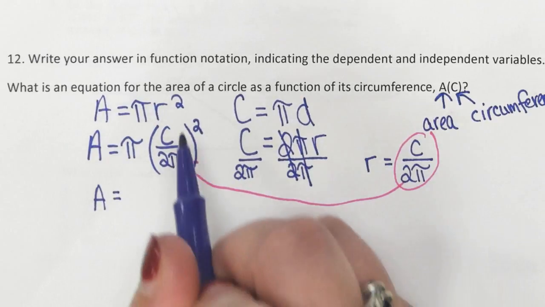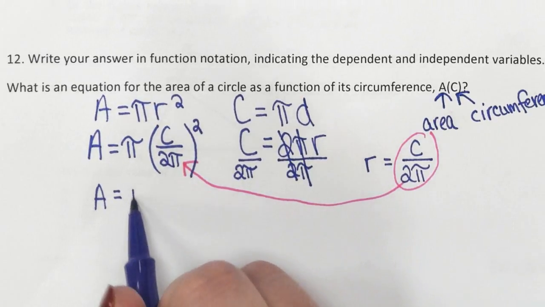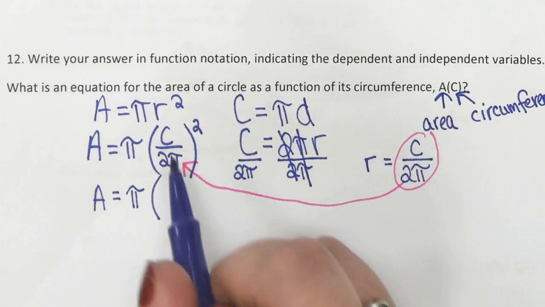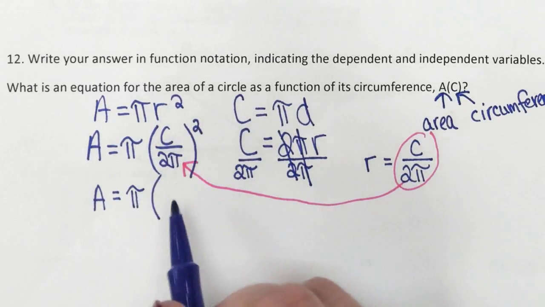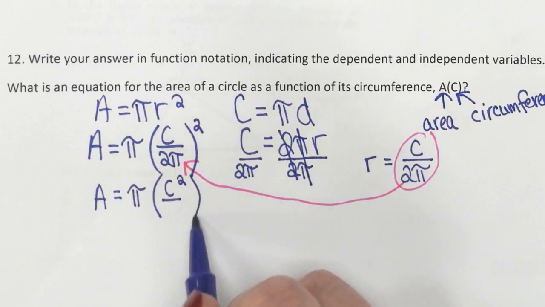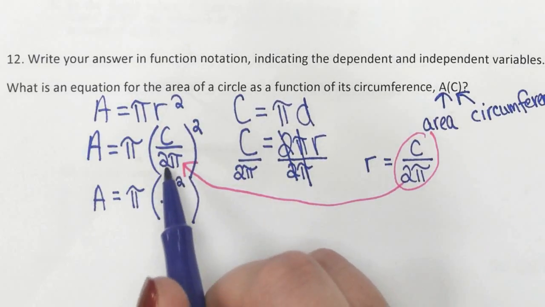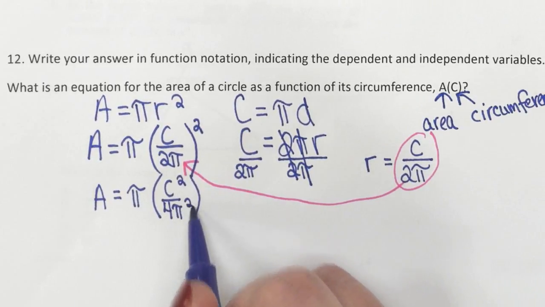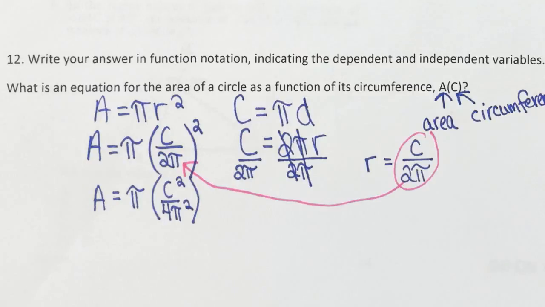Do you see anything else that you could do to clean that up a little bit? I can square them, right? So I have pi. And what would c squared be? C squared over 4 pi squared. Very nice.